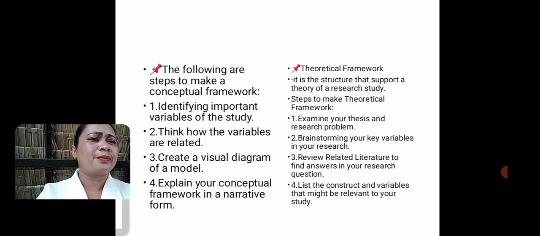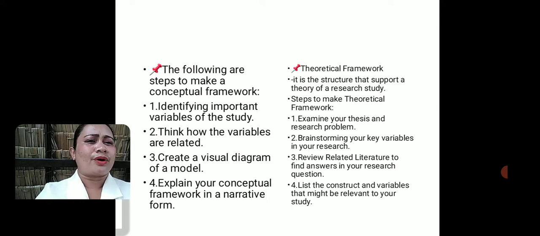Second, brainstorm your key variables in your research. We should brainstorm everything we have made for us to create a theoretical framework. Third, review related literature to find answers in your research.